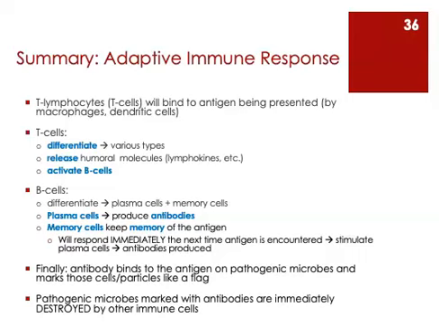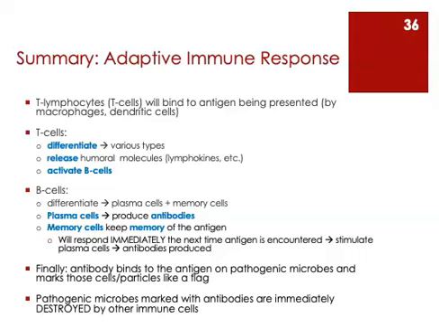The B cells will then mature or differentiate and divide to produce plasma cells and memory cells. The plasma cells are going to produce antibodies that are specific for that particular antigen, for that particular pathogen. The memory cells are going to keep the memory of that antigen.